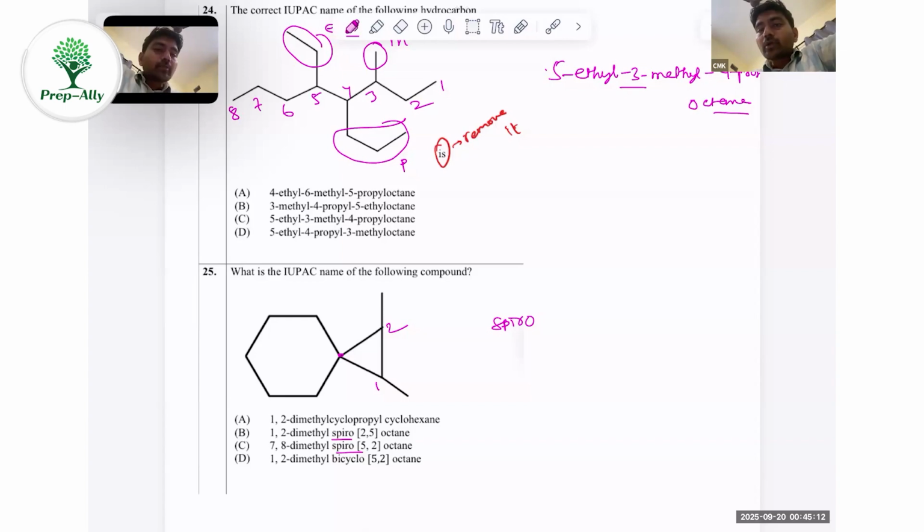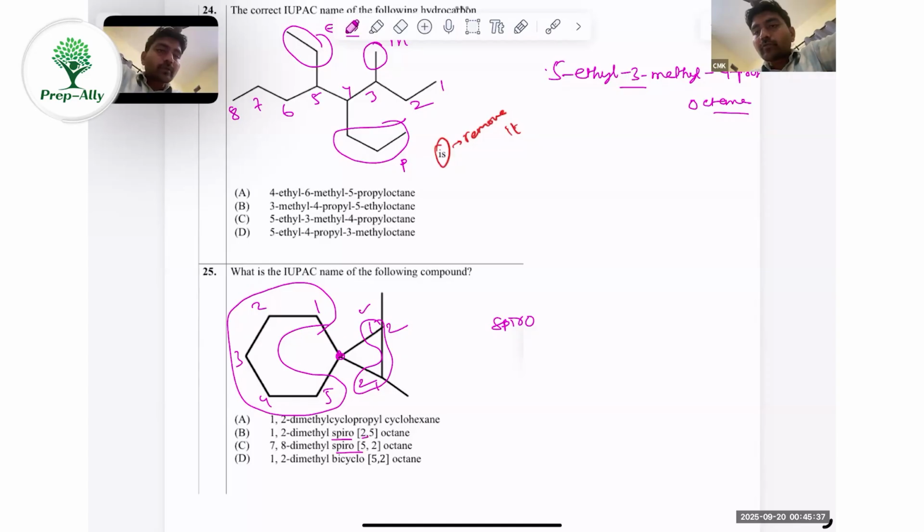Next, we have to count the rings. Attached to this carbon, how many carbons are there in each ring? 1, 2, 2 carbon atoms are there in this ring. Here how many are there? 1, 2, 3, 4, 5. 5 are there. So 2, 5. We have to write the smallest ring first.